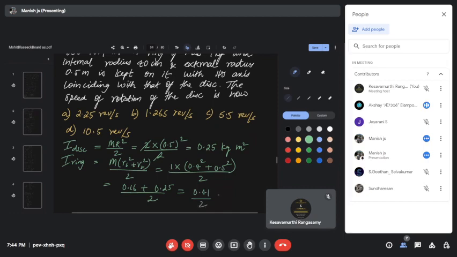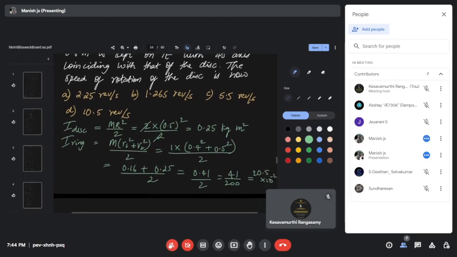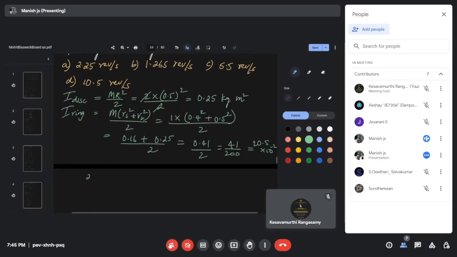So we get 0.41 upon 2, which is nothing but 41 upon 200. You can take the 100 up, so I can also write it as 41 upon 2, which is easy to divide. That is 20.5 times 10 raised to minus 2.